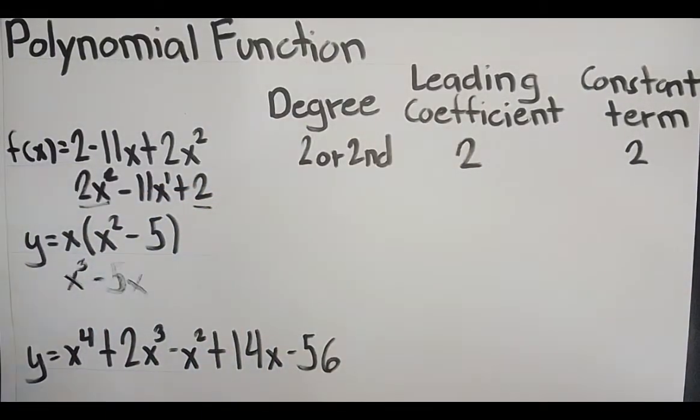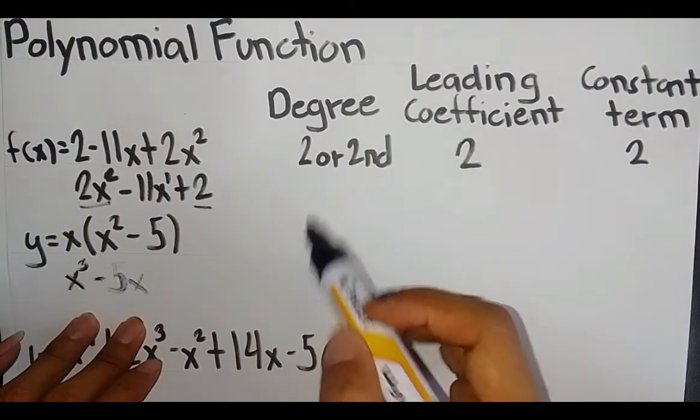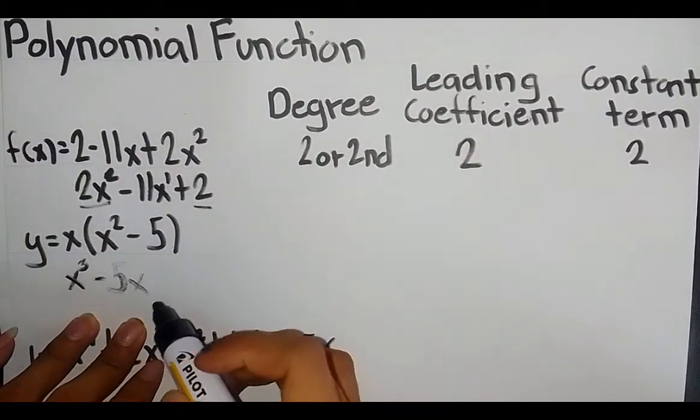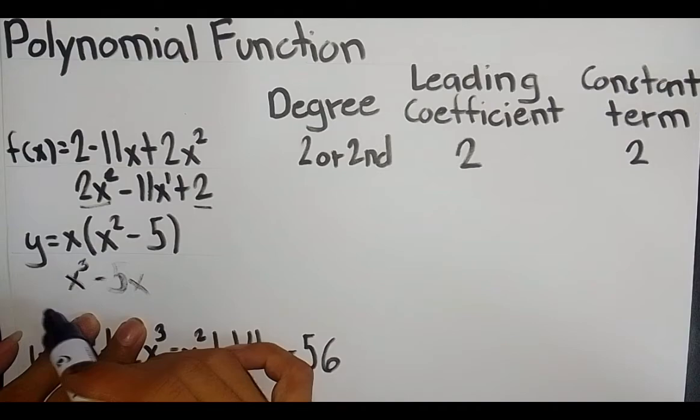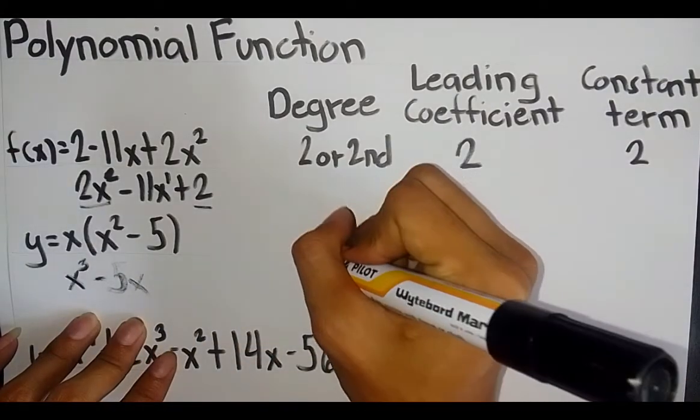So for our degree, di ba sinabi ko kanina, the degree is the highest exponent of the first term. So our first term is x cubed. So ang ating degree is 3.